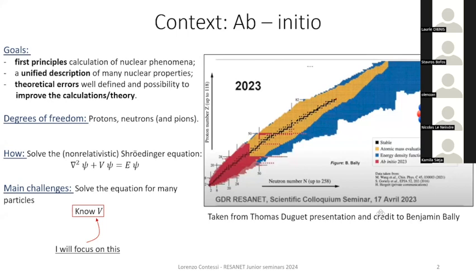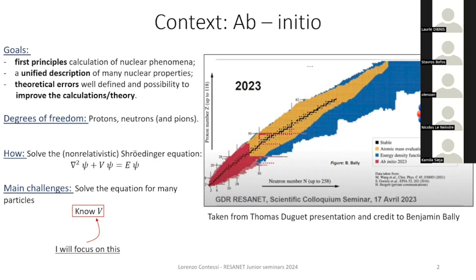I think it represents very well how much ab initio methods have improved in the last years. The many-body Schrödinger equation is very difficult to solve, but in the last years we had huge improvements, and now we can tackle even very large nuclei with 15 particles using ab initio techniques. And I think this is outstanding.